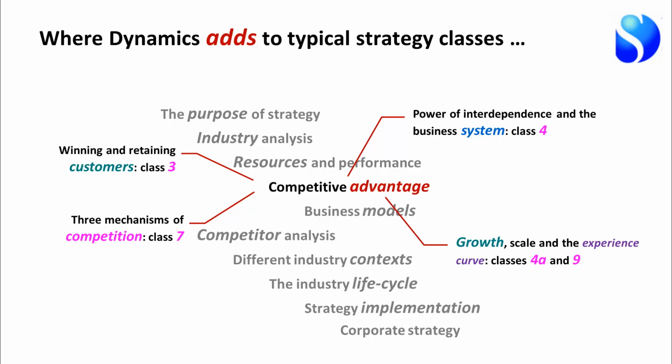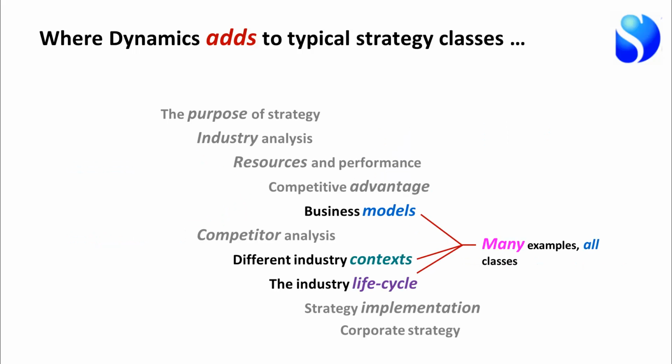And there are some other issues that we touch on that are relevant to competitive advantage as well. We talk about the issue of growth in class 4A, and also about some more sophisticated ideas such as the experience curve, which generates competitive advantage, which we touch on in class 9. So quite a few things about the whole issue of competitive advantage in those various classes.